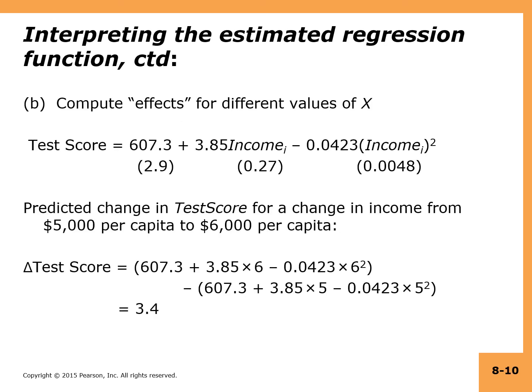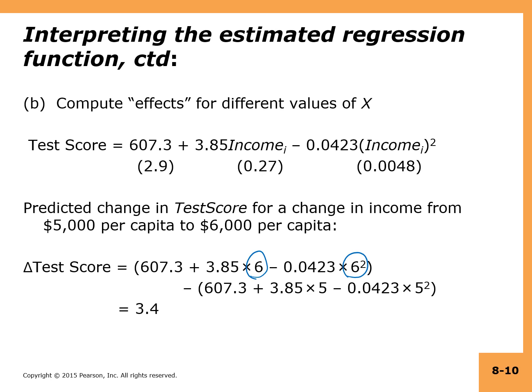The second step is to compute the effects of different values of x. Let's say we want to predict the change in test score for a change in district income from $5,000 per capita to $6,000 per capita. In this case, we just plug in the numbers. Plug in 6 because the income variable was in thousands of dollars.